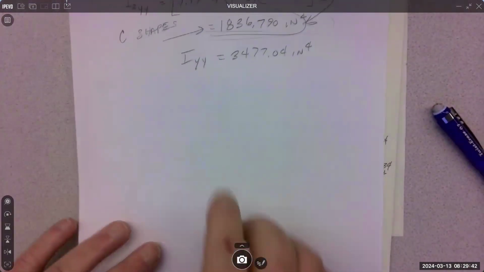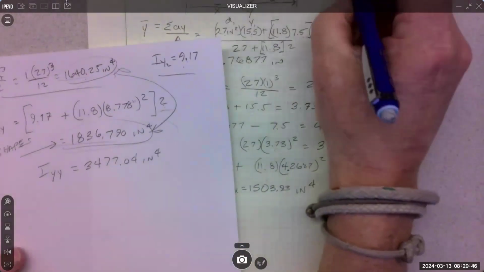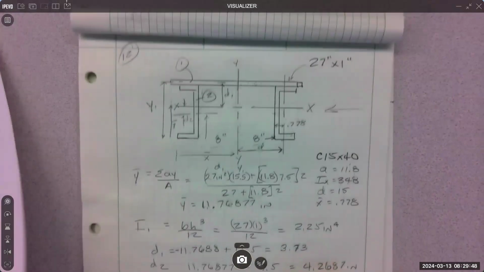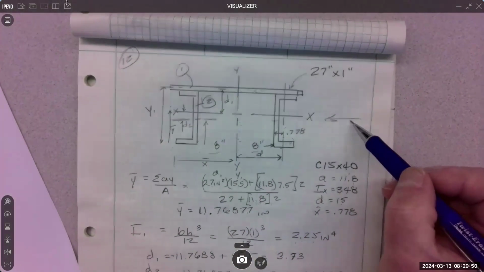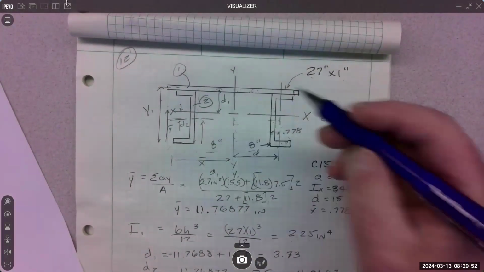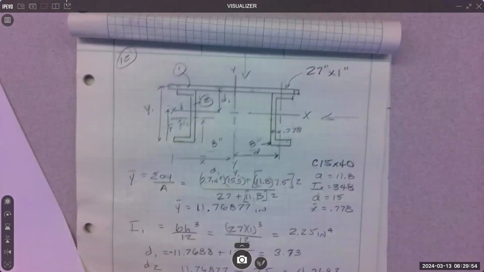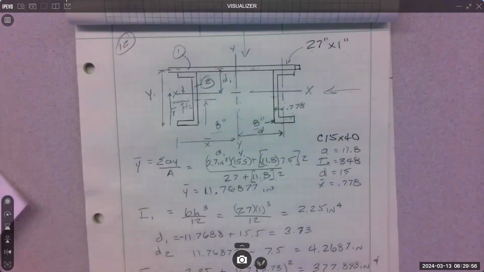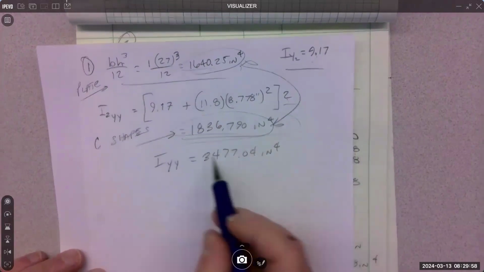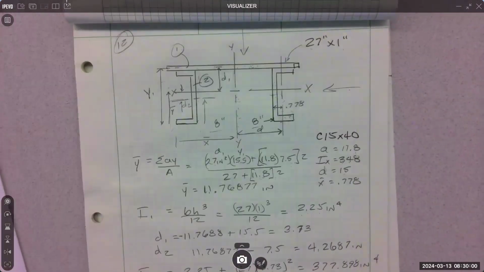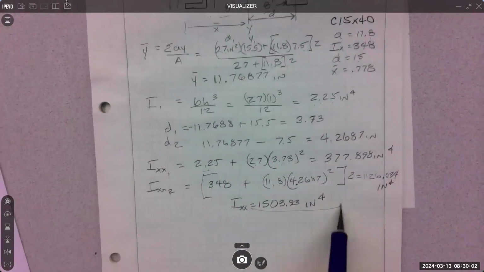YY is 3477, so this thing is way stronger if a load came in from that direction than if a load came in from that direction. But both are pretty good, so that's really good, and 1500 is not bad.